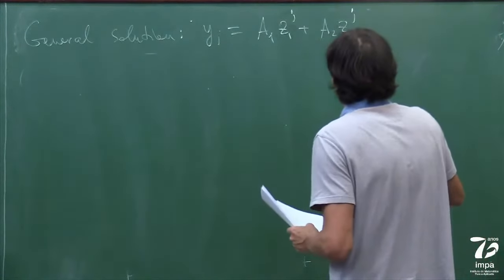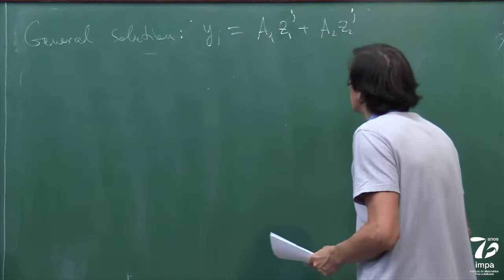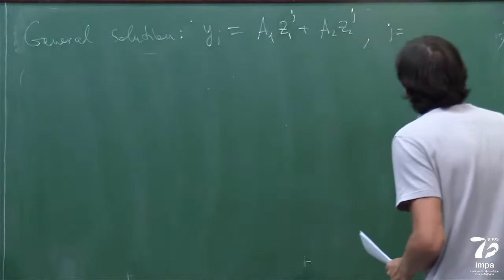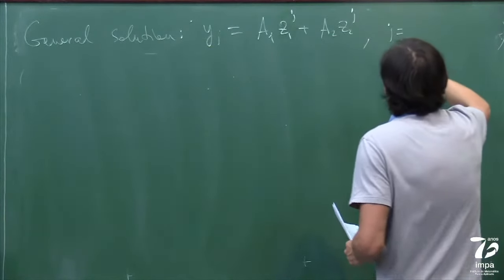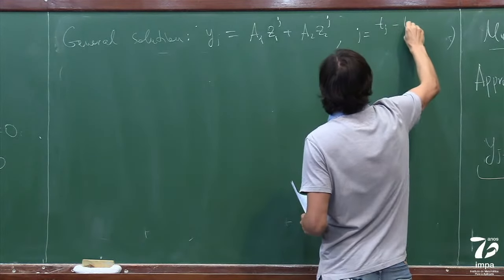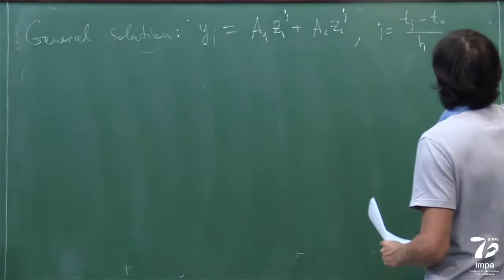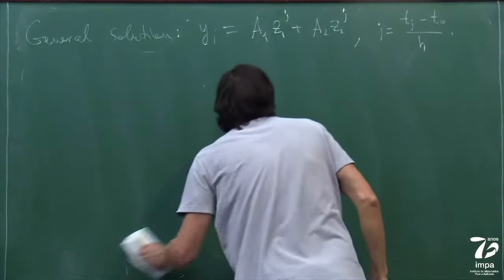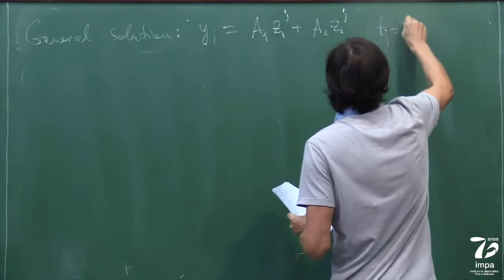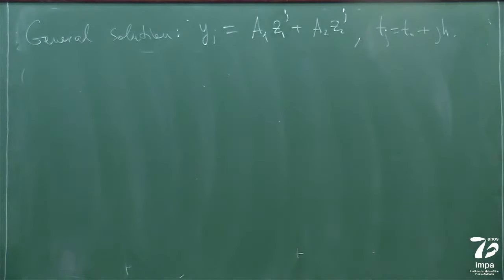And now remember that j is what? So j is (t_j minus t_0) over h, right? No, that's the other way around. So this is computed at time t_0 plus jh. This is the general solution.